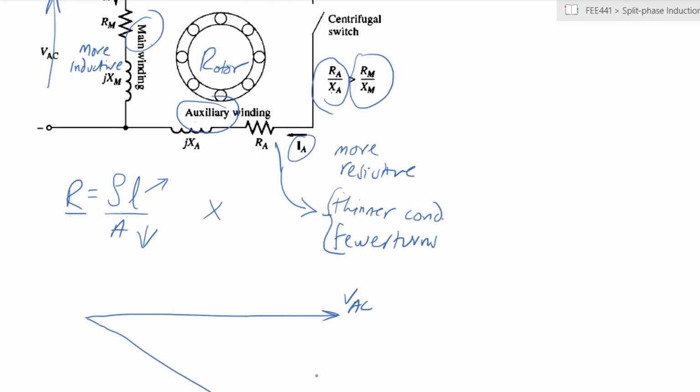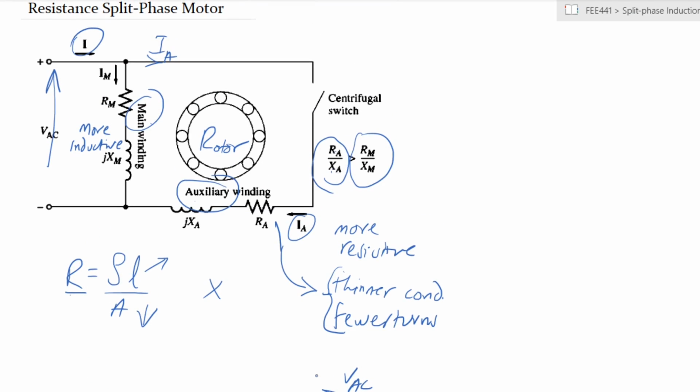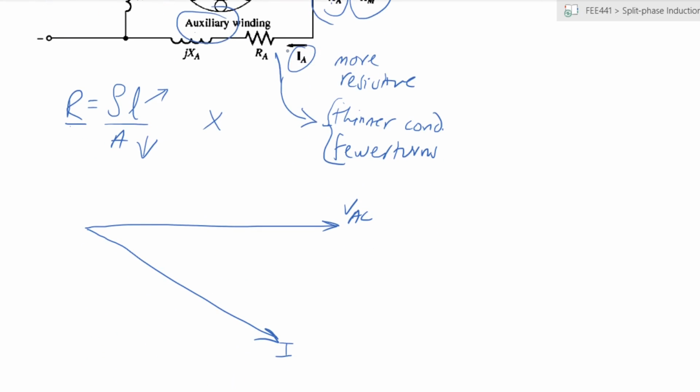Now, we said that the auxiliary winding is more resistive and the main winding is more inductive. At this point, you have the input current I being equal to IA in whatever direction it is, plus IM in whatever direction it is. The vector sum of those two results in the I of the supply.